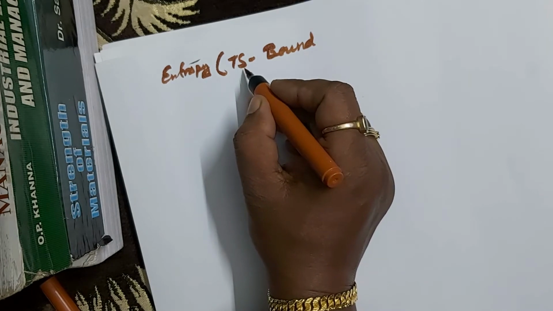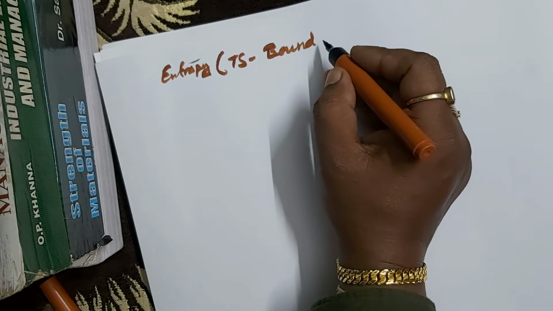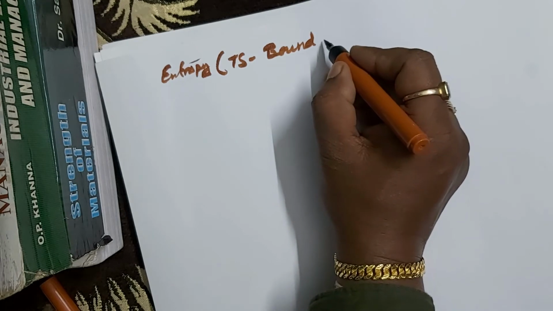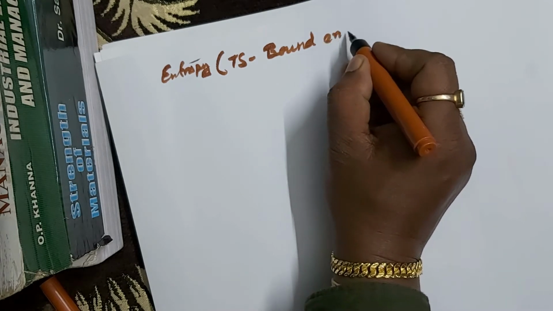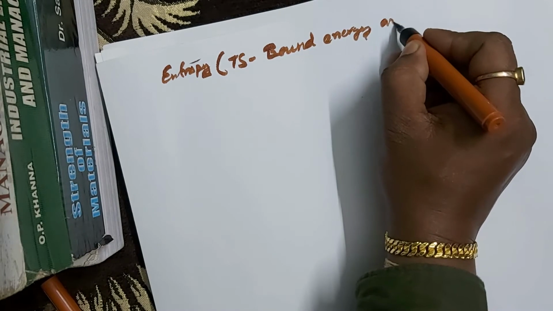S is entropy, T is temperature. So this is called bound energy. Bound energy available.